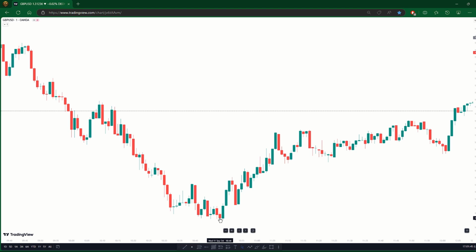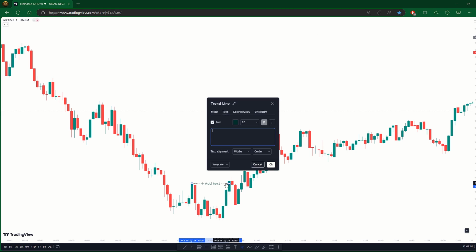Down here, if you want, you can mark your market structure shift down here. It's going to be the same result, so we'll just mark it up there on that big pullback. That is a market structure shift.